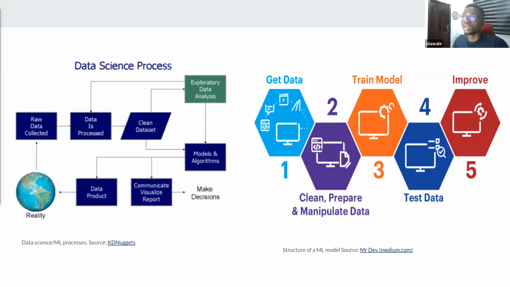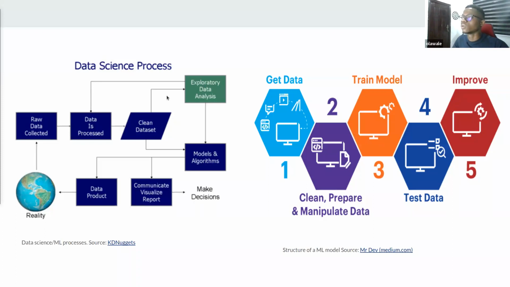It's important that you're able to at least filter your data such that it's easier for you to use. So most times when you get data from the real world, it passes through a processing stage in the data science cycle. And once you have your clean data set, you can go into exploratory data analysis.